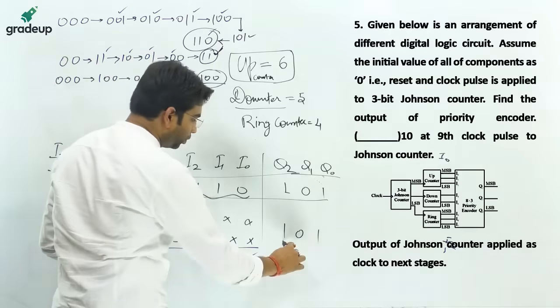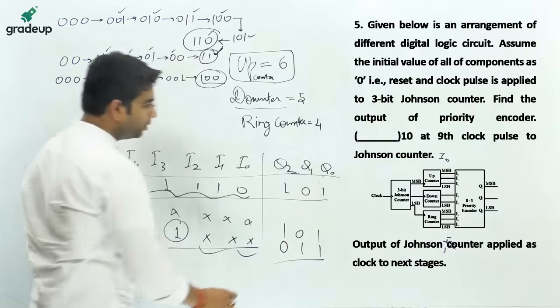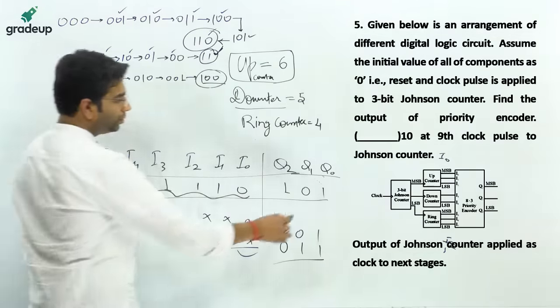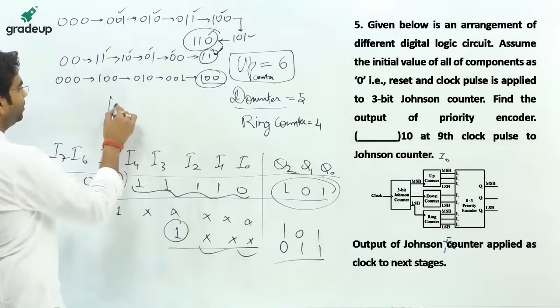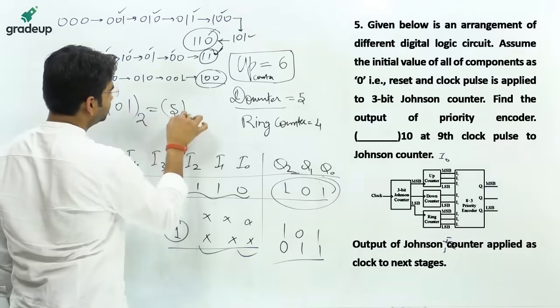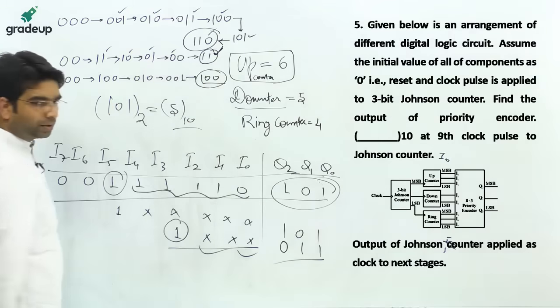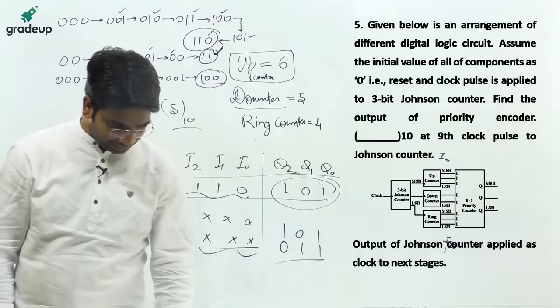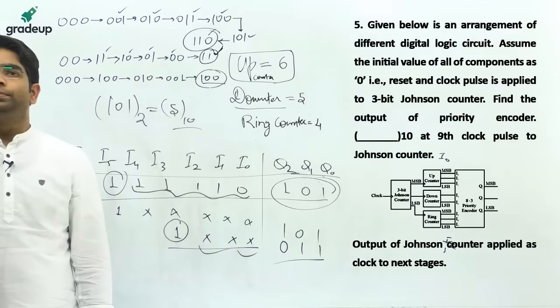If I3 is 1 suppose, then the value will be 3, that will be the output, okay. So the value of the output will be 5, 5 in binary, okay, decimal value will be 5.